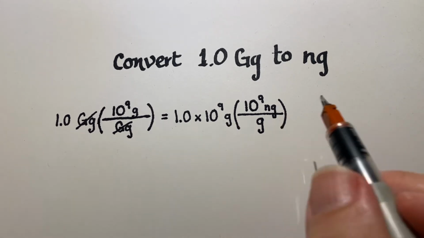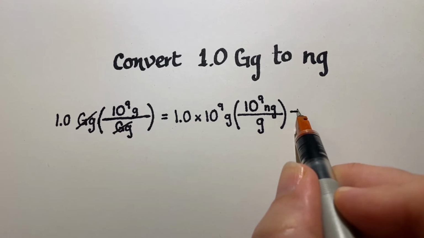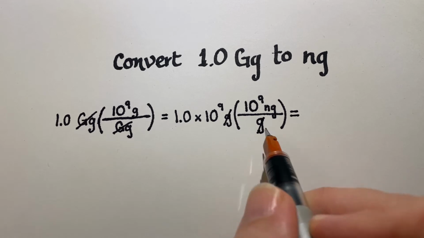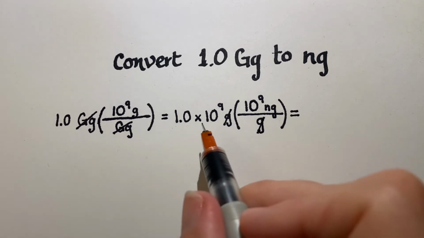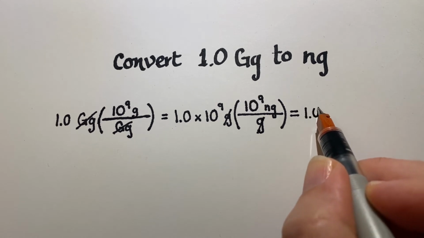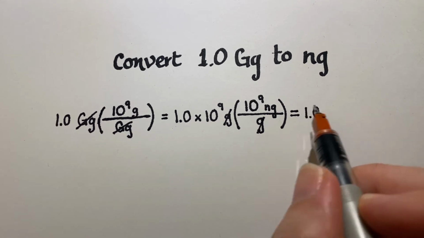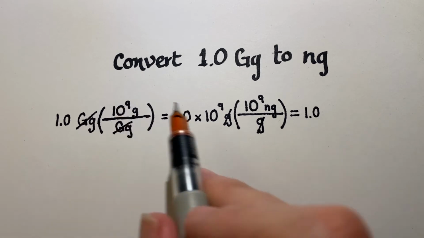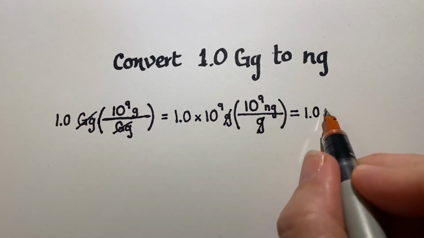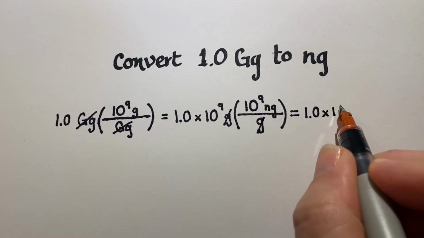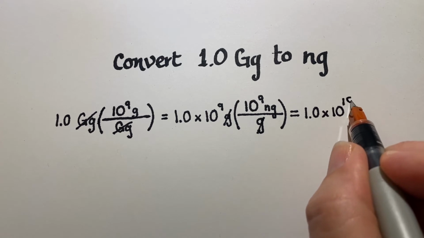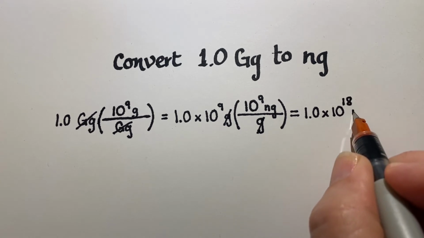So now, if we go ahead and multiply this out, grams cancel, and we now have 1.0. This isn't going to change for this kind of problem because we're only changing the 10 to the exponent here. 10 to the 18th nanograms.